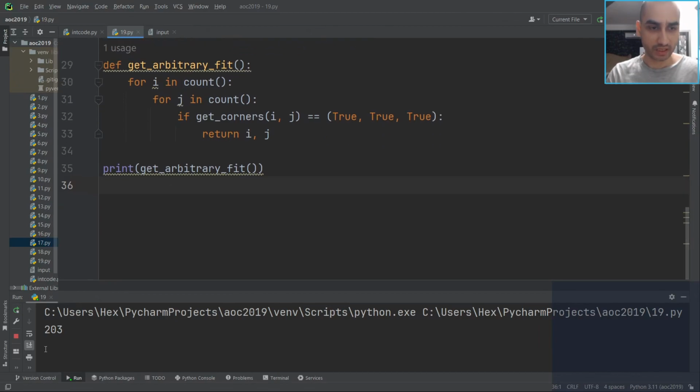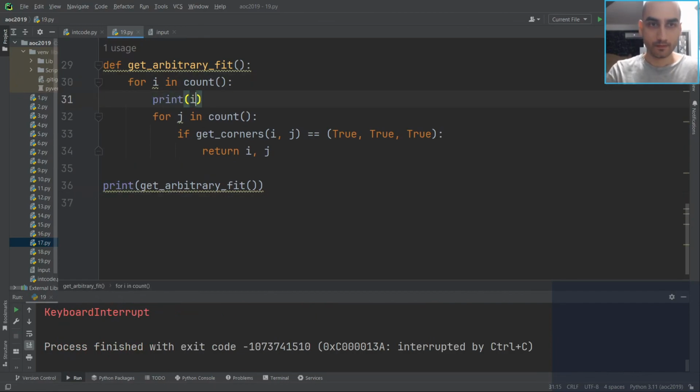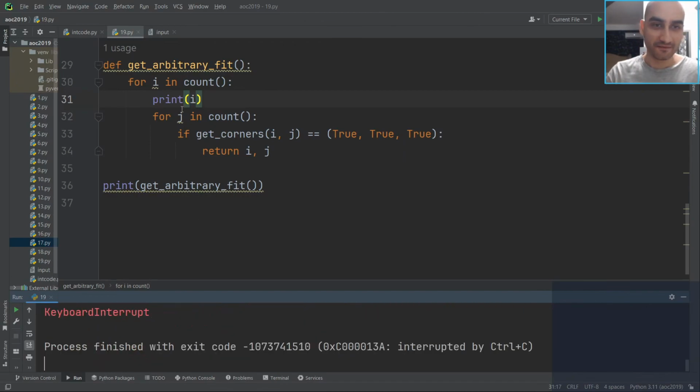Just trying to find some place. What i value did we get up to? What? Oh. We're going off into infinity for j.